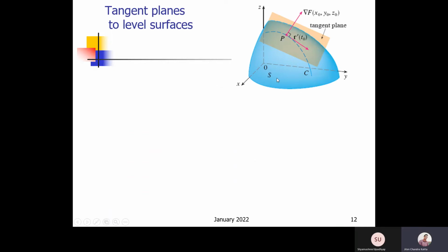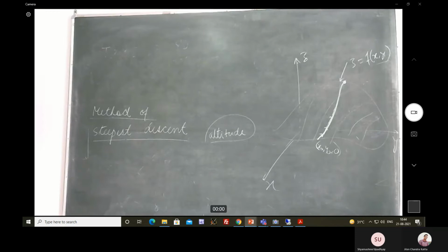Now I come to a very important concept. This is going to be very, very important: tangent lines to level surface.